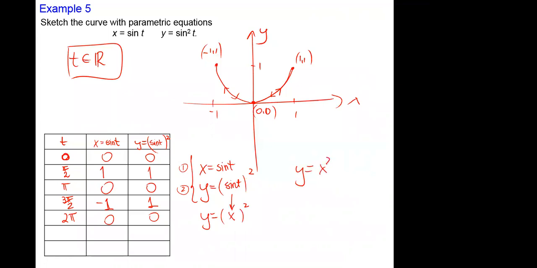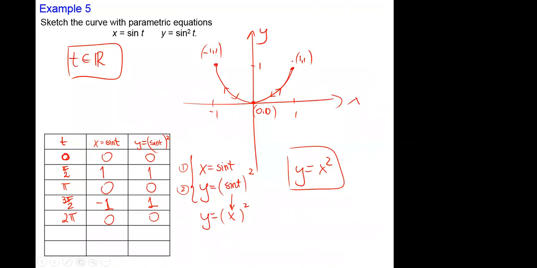Actually, what we have is just the parabola, y is defined as x squared. That's nice. But let's look a little bit closer, because it's just the parabola, but I'm not going to infinity. This is actually my limitation.